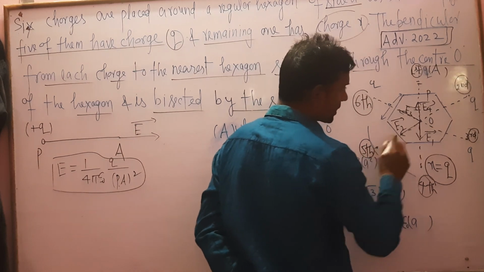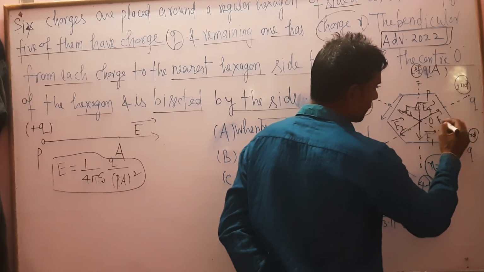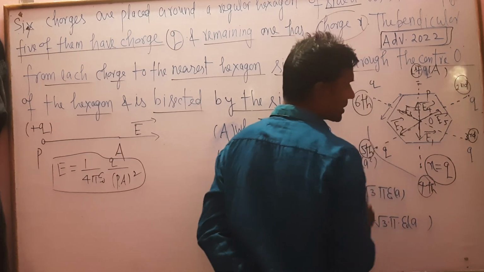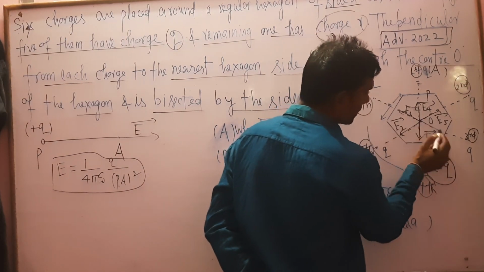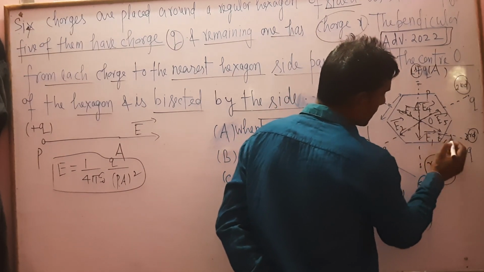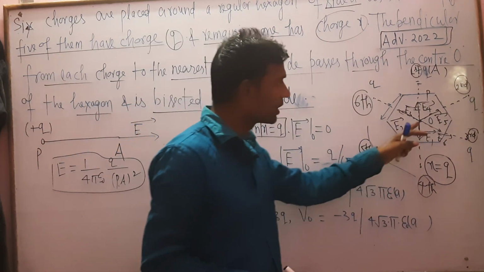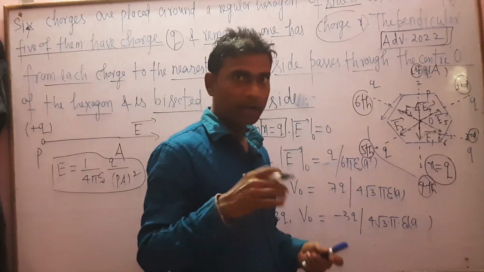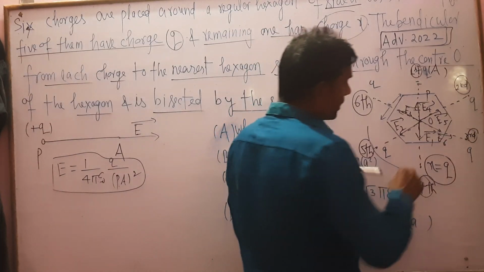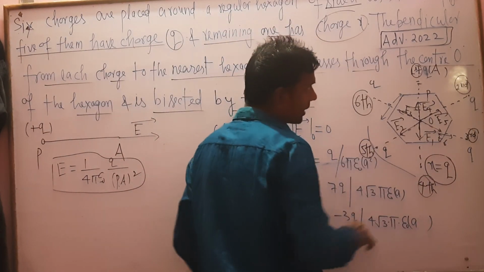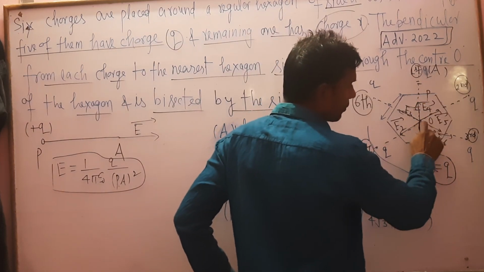This is the fifth vector, E5, and due to the sixth charge, this is E6. So the net electrical field at point O will be the vector sum. Here we try to find the distance between the charge and point O.